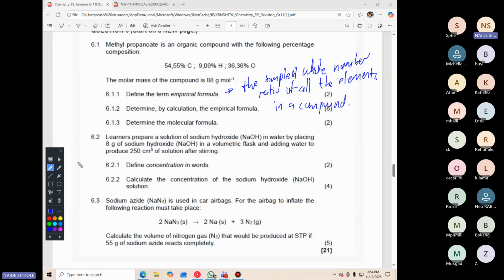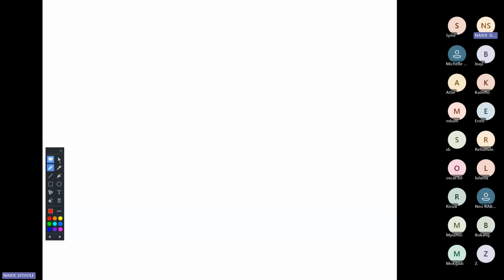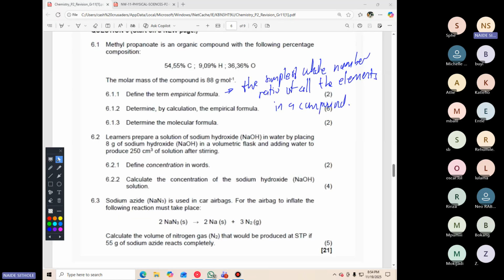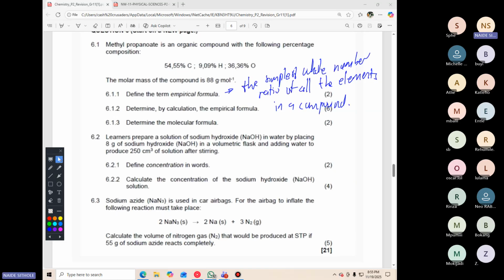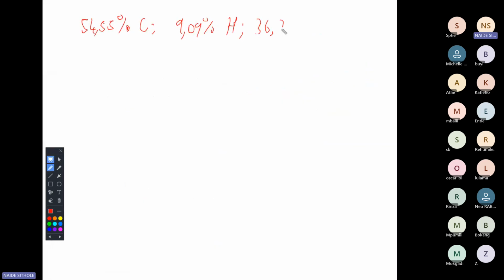So in this case here, we have 54.55% carbon, and then 9.09% hydrogen, and then 36.36% oxygen.